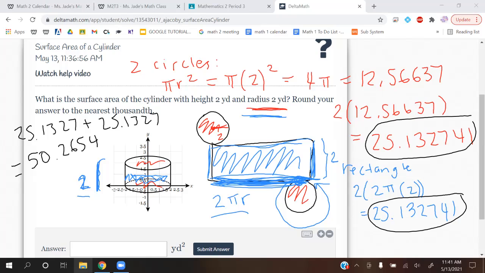And now we can round it. After you've done everything, now you round it to the nearest thousandth. So thousandths is 3 decimal places. So looking to cut it off right about there. 4 is a small number, so the 5 stays as a 5. We're going to have 50.265. Final answer. 50.265. Oops, sorry, I dropped the calculator. Okay, so let me know if you have any questions.